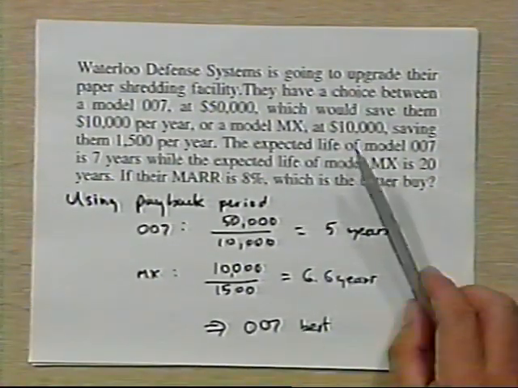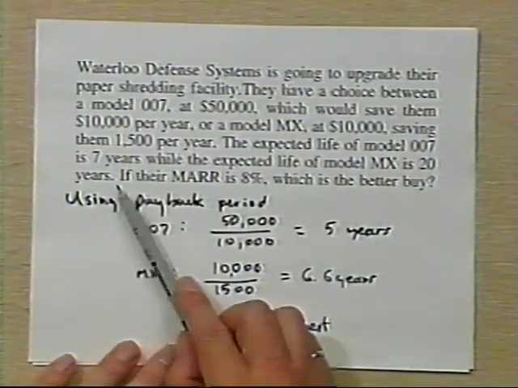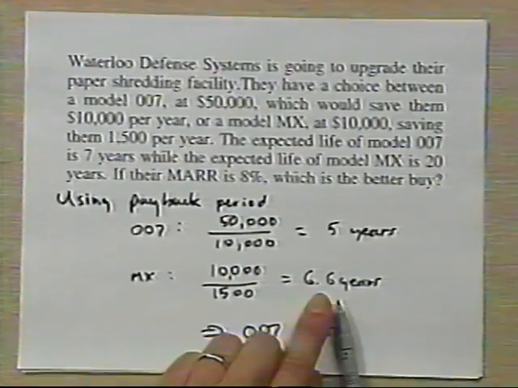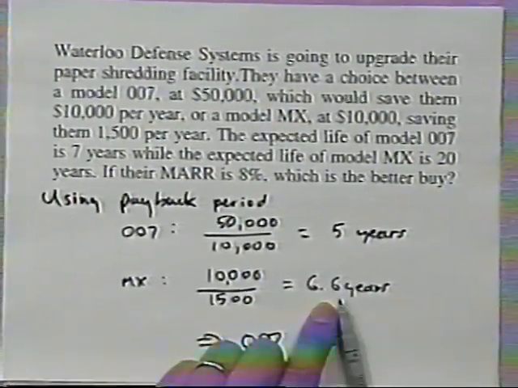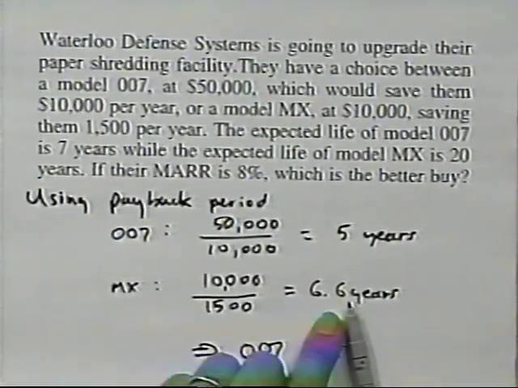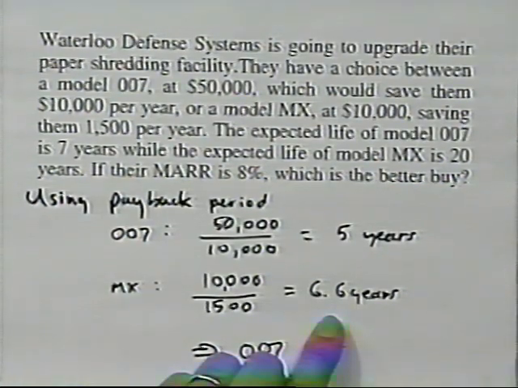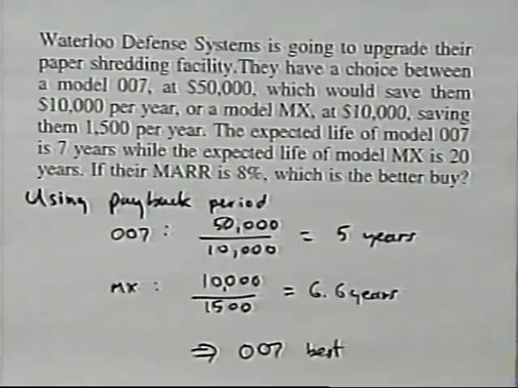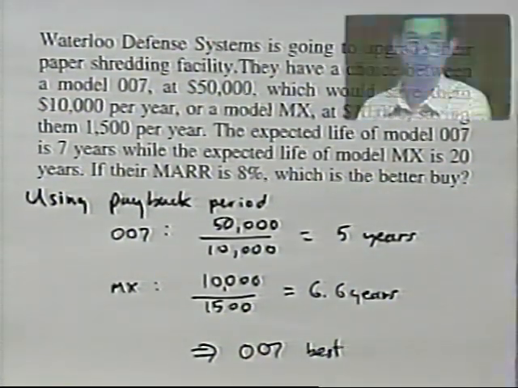With the MX, its expected life is 20 years. However, the payback period is 6.6 years. So in the payback period, the first cost of $10,000 is paid back in 6.6 years. And all the savings thereafter for the next 13.4 years are ignored. They aren't taken into account.